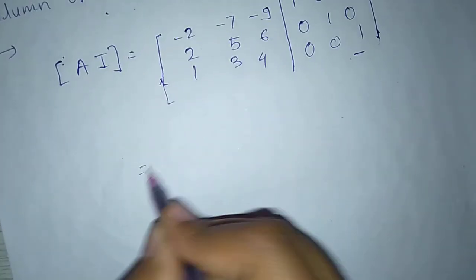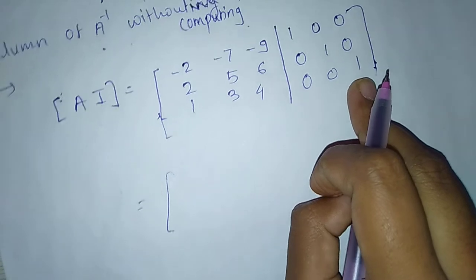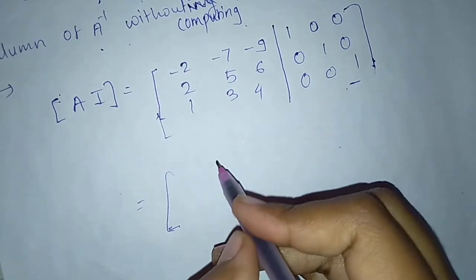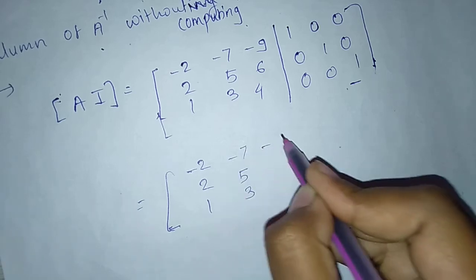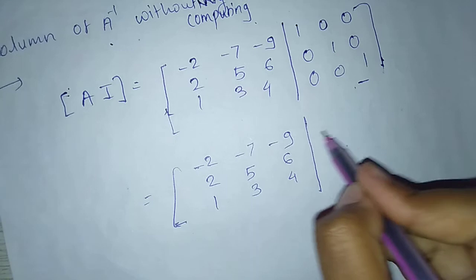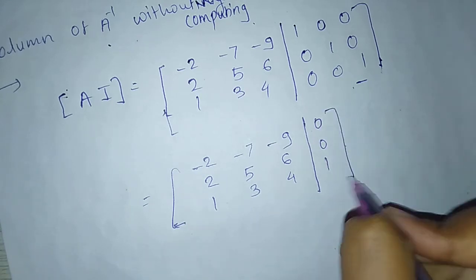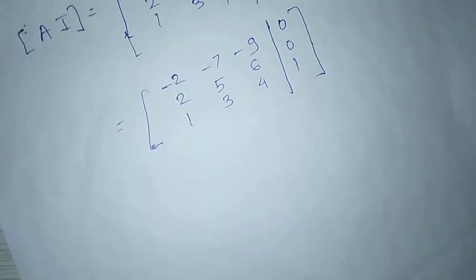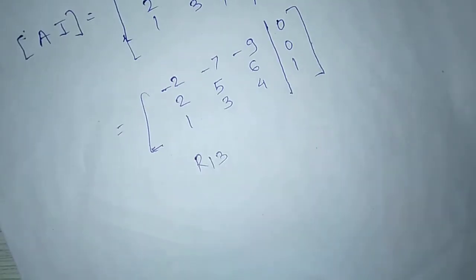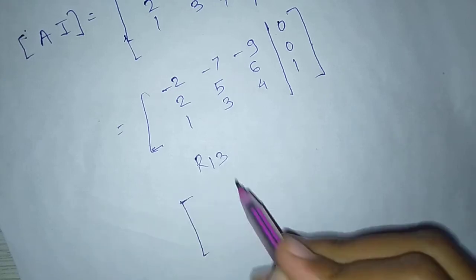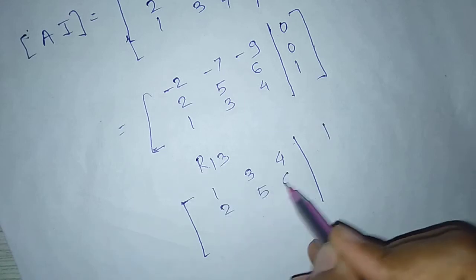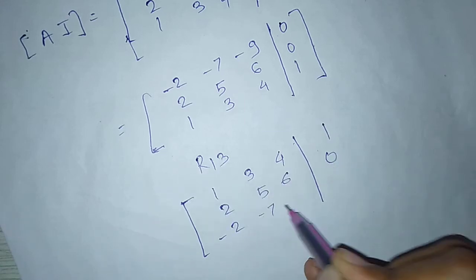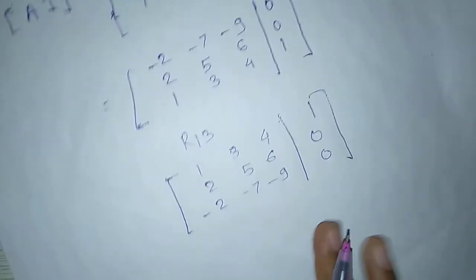That's why we take only the third column of the identity matrix: 0 0 1. Now apply row operations on this matrix. First interchange the first and third rows. We get 1 3 4 1, 2 5 6 0 as it is, minus 2 minus 7 minus 9 0.